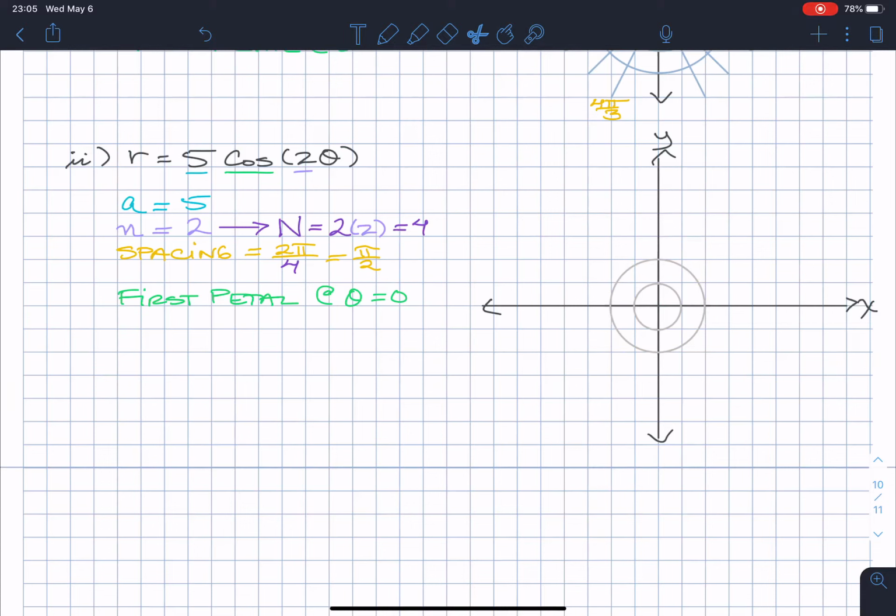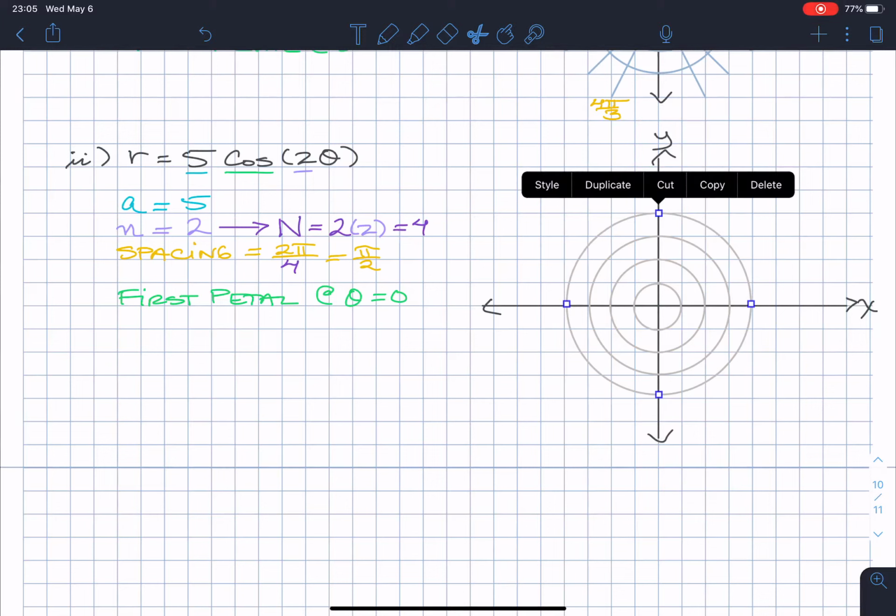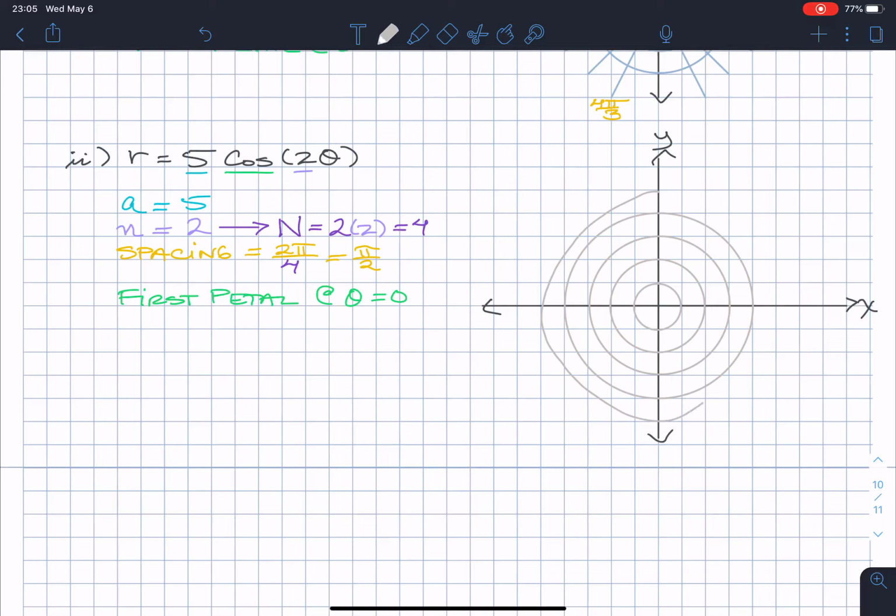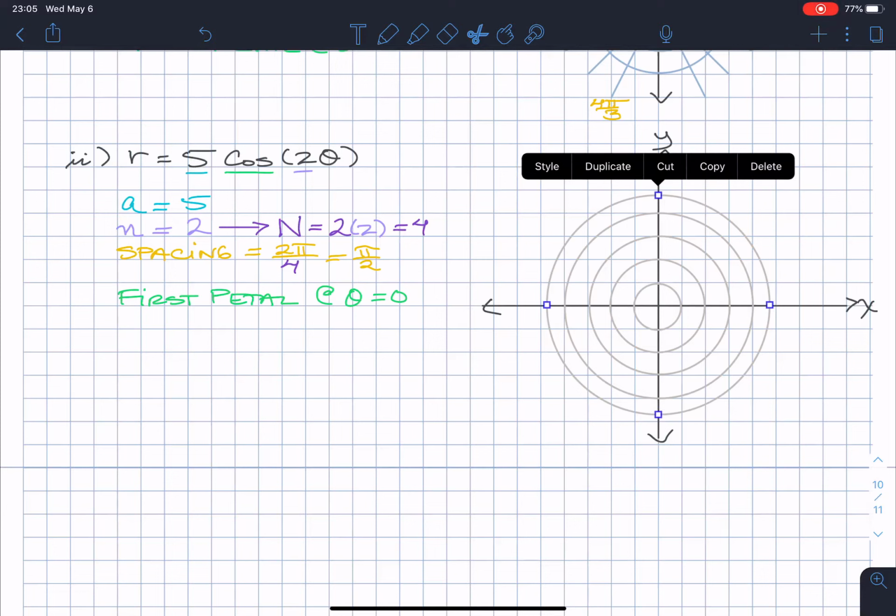Now here's my circle of radius 3. Why is it always just a little bit off? Okay, now my circle of radius 4. And finally, my circle of radius 5. Oh, thank goodness it created a circle.